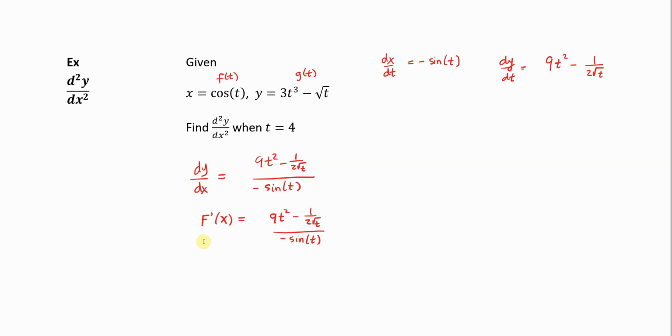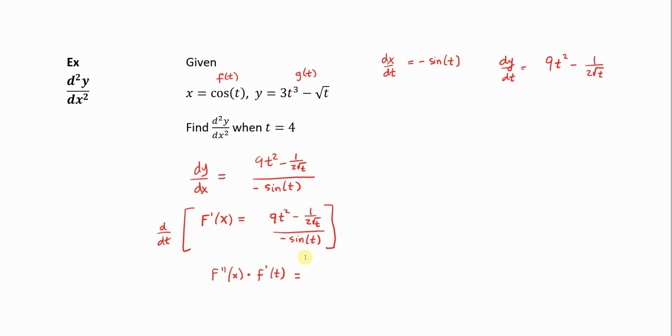So if I want to take the derivative of both sides with respect to t, like d dt of the whole thing, then on the left side, I'm going to get f double prime of x. Remember, x here is a function, so I have to multiply that by the derivative of that function, which is little f prime of t. And all of that is equal to the derivative on the right side of the equation here.